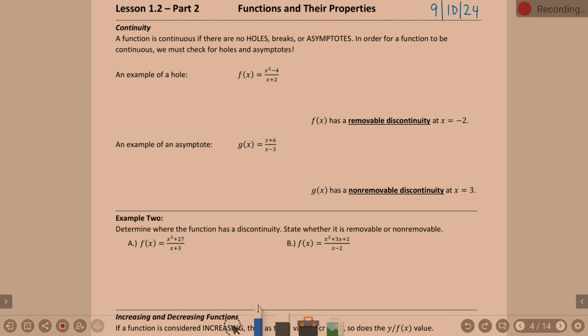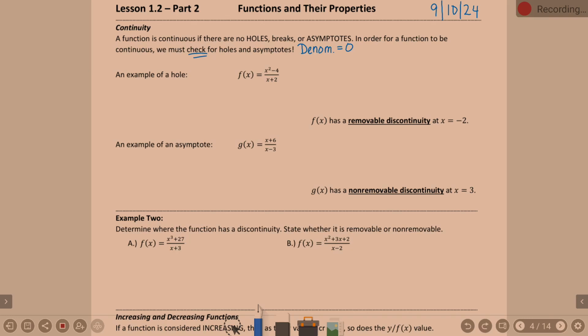Now, right here where it talks about checking for holes and asymptotes, I talked a little bit about this yesterday when we were talking about domain, but we have to start and take the denominator equal to 0. Anytime you have the denominator equal to 0, the result is going to be either a hole or an asymptote.